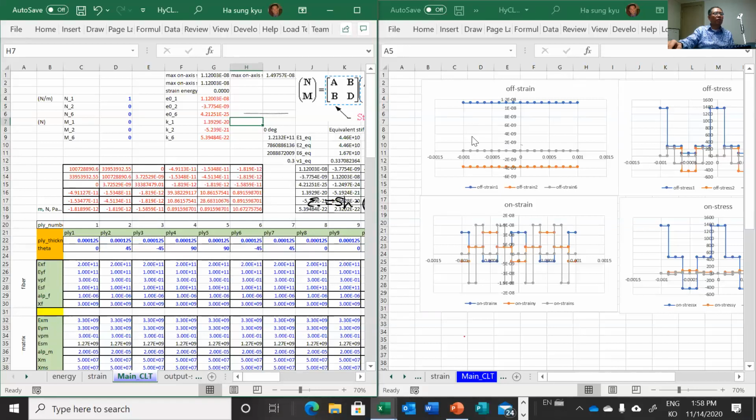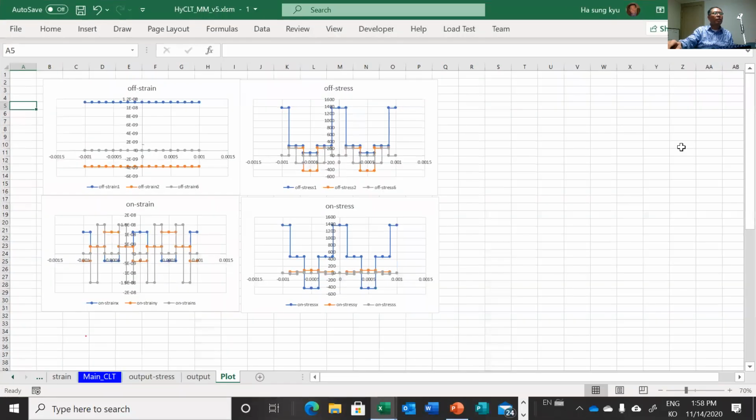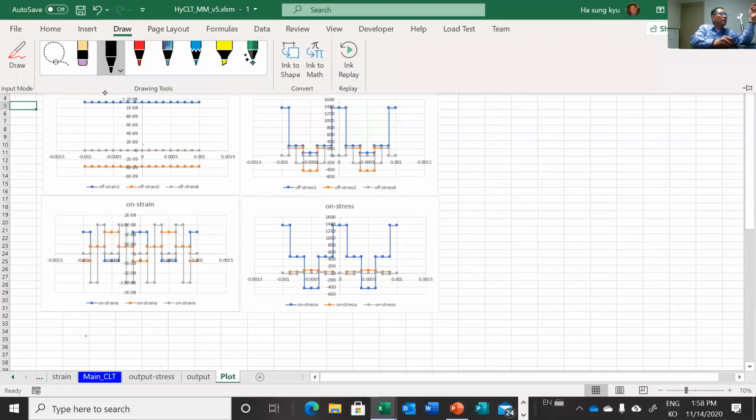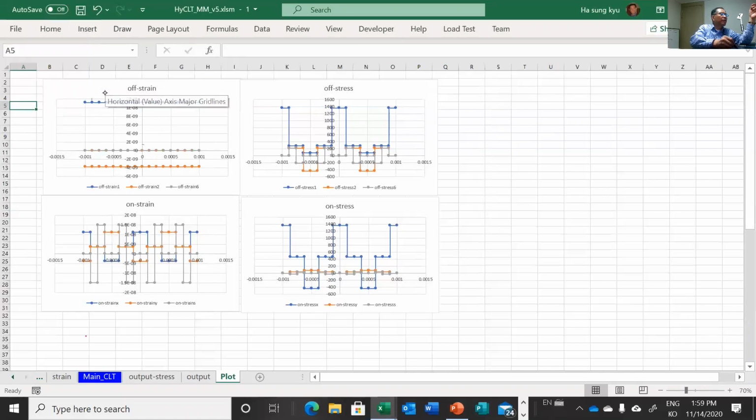It is uniform strain because it is simply all plied together. This is 0, 45, minus 45, and so on, but they are attached together, so they are expanding together. I'm going to write down here, and remind you that this is a force ply.